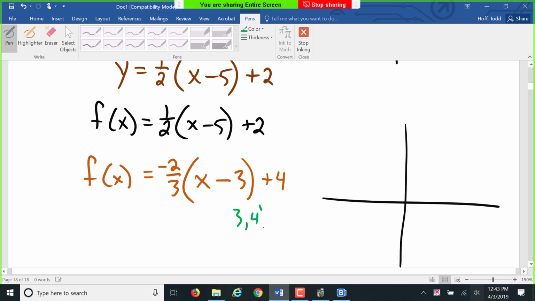Very good. Right there. And it has a slope of negative 2/3, so down 2 over 3. There's my line.